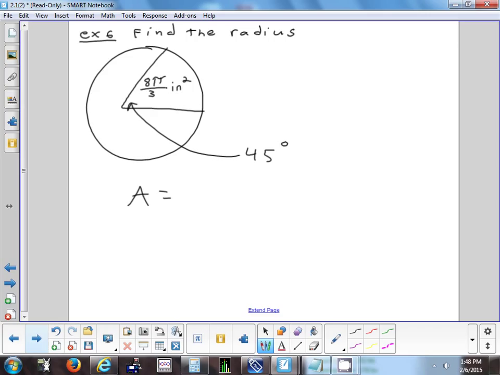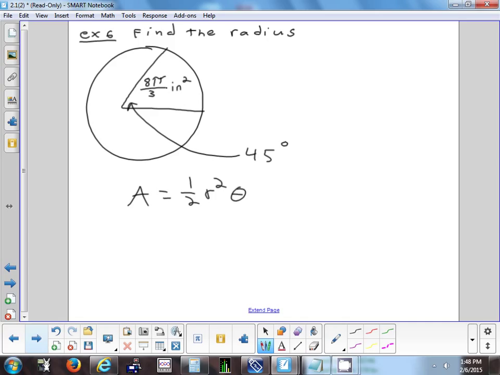Somebody tell me, just to make sure we know that, what's my formula that I'm going to use? 1/2 r squared theta, good. This time they're going to give me the area, they're going to give me the angle, they want me to find the radius.